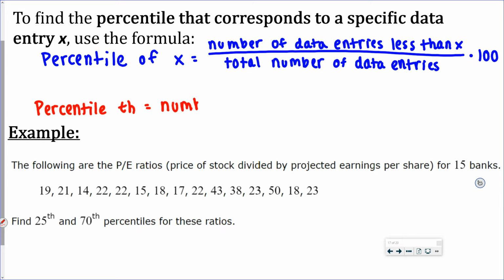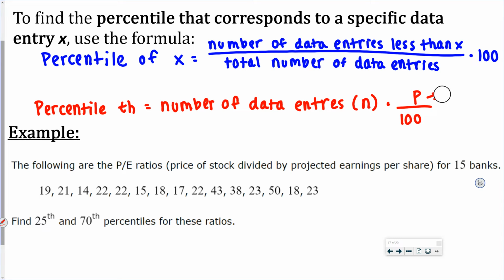You're going to take the number of data entries, Alex uses N to represent that, times P over 100, and P is the percentile. Okay, so we'll try a couple of these because I think these are a little bit harder.